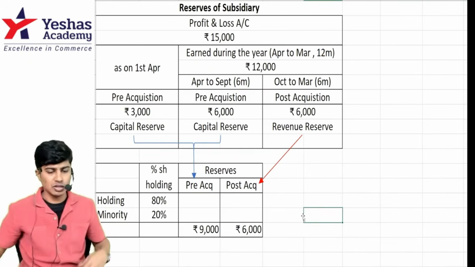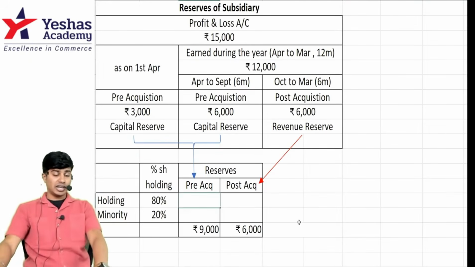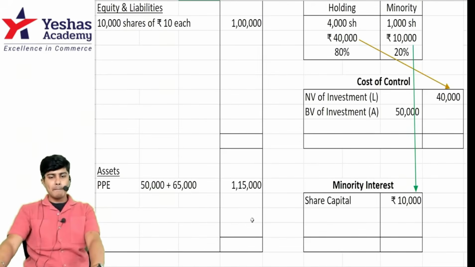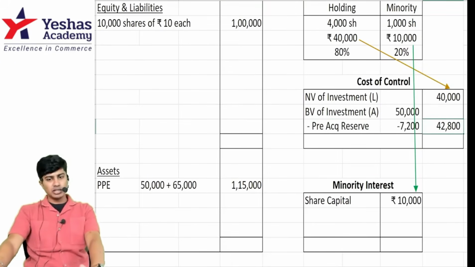Sure. Okay. Now 9,000 into 80%, 7,200. Where do I reduce this 7,200? Deduct from? Very good. 50,000 minus 7,200, 42,800. 40,000 liability. 42,800 asset. Which is more? 2,800 goodwill.